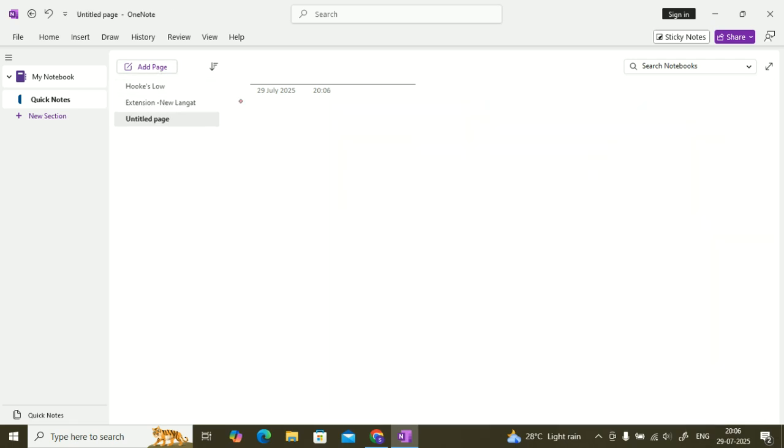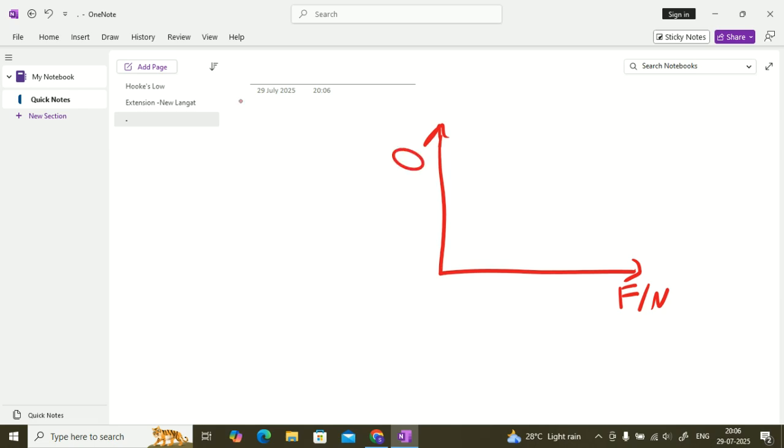Now let's say the weights attached, you are going to plot it on the x-axis. So let's say the force, weight is nothing but the force in newtons, right? And the extension, let's say the extension is going to be expressed as E. So E in centimeters we are going to plot.